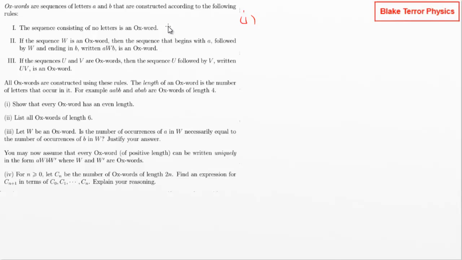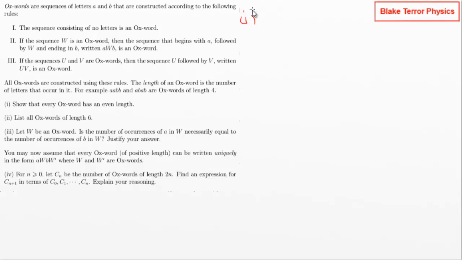So this is saying the sequence consisting of no letters is an Oxword. So that is our null string, that is fine. Then rules 2 and 3 here require the existence of Oxwords in order for them to actually be used. So our only starting point is this null string.